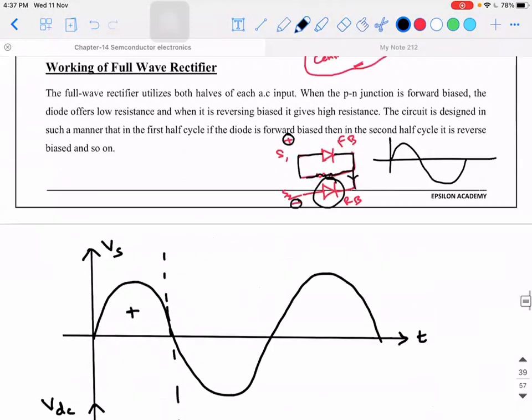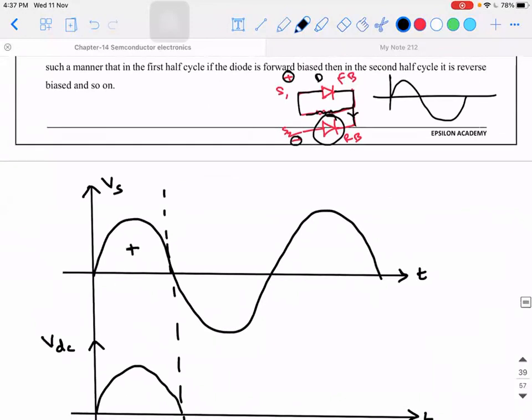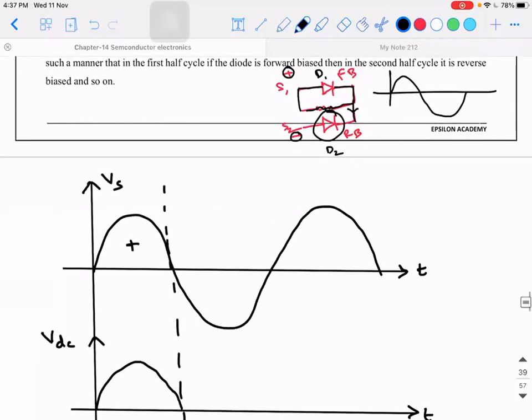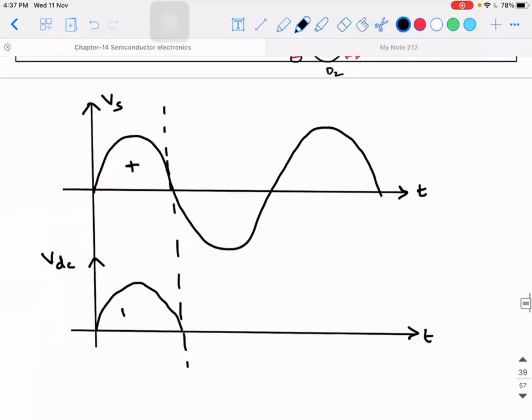But look at the diagram and tell me, during the forward bias condition, is diode 1 rectifying or diode 2 rectifying? When I say forward bias, S1 is positive, S2 is negative. Diode 1 is rectifying.